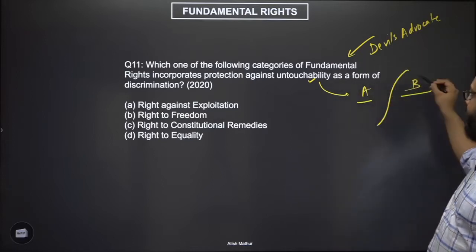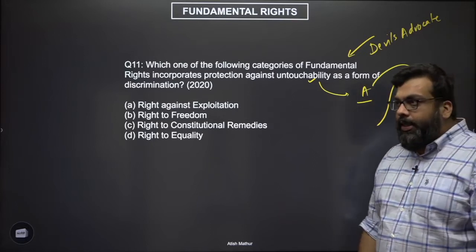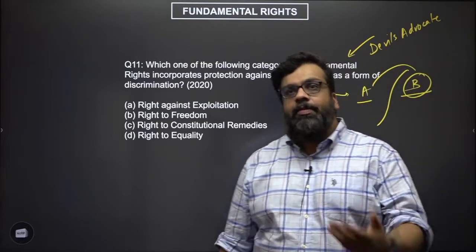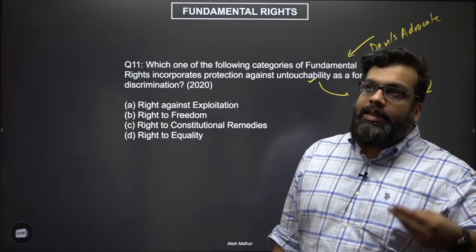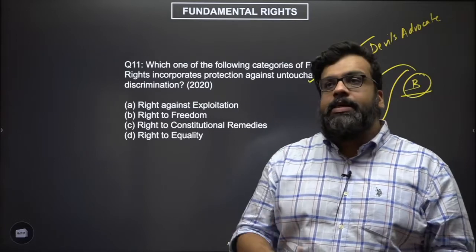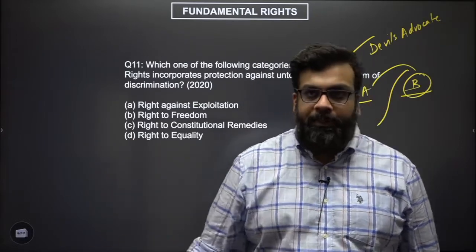If I am treating B lesser than A, take a form of untouchability that, let us say, A and B have come to your house and you're giving food in a ceramic plate to A, but in a steel plate to B, and you're making the person B sit on the floor.